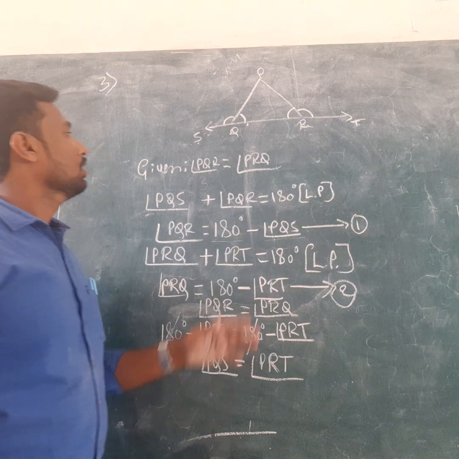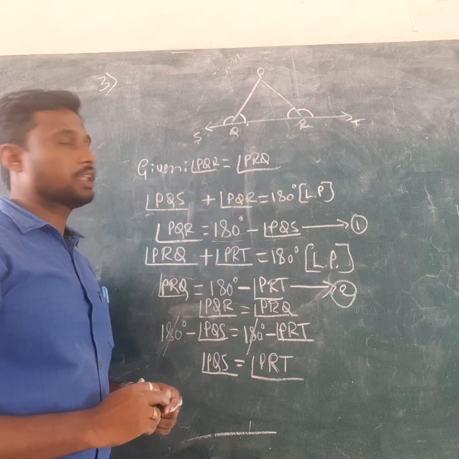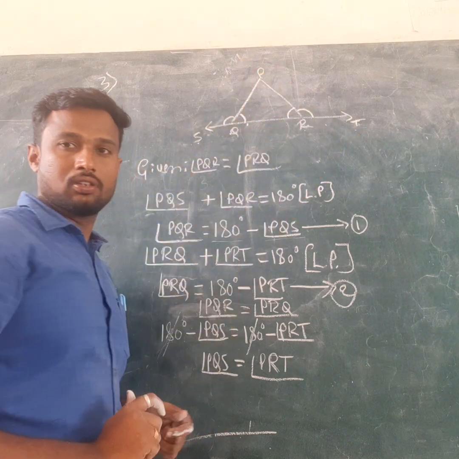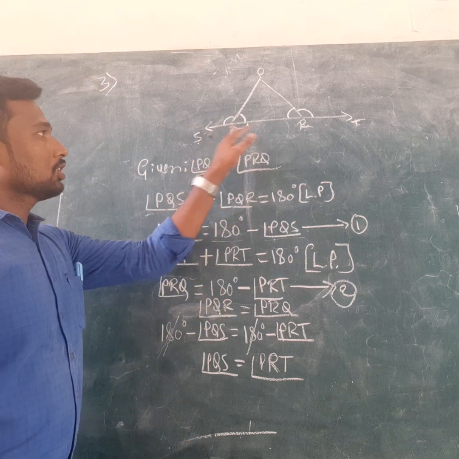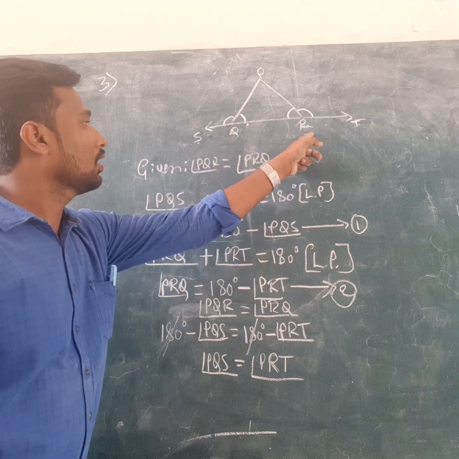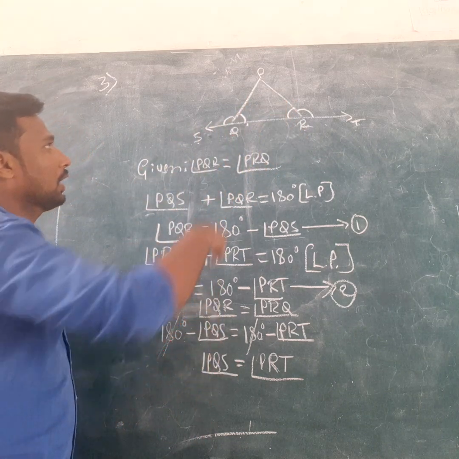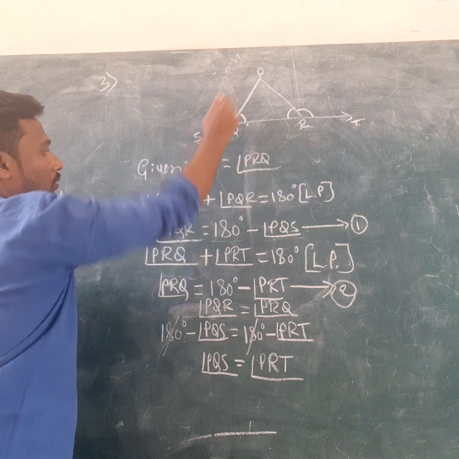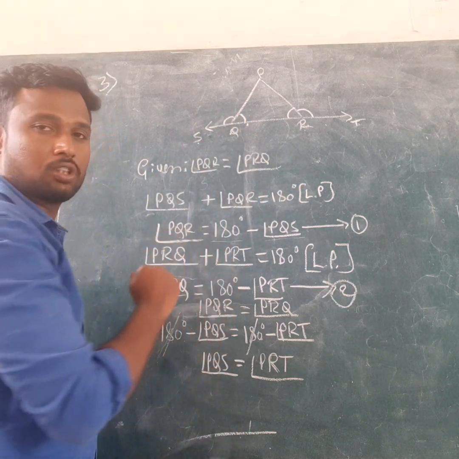How we proved? See here, they have given angle PQR is equal to angle PRQ. By using this, we have to prove angle PQS is equal to angle PRT, right? So now what I did, because of linear pair there are 2 points on the line ST, Q and R. At the point Q there are 2 angles, angle PQR plus angle PQS, always equal to 180 degree because of linear pair.